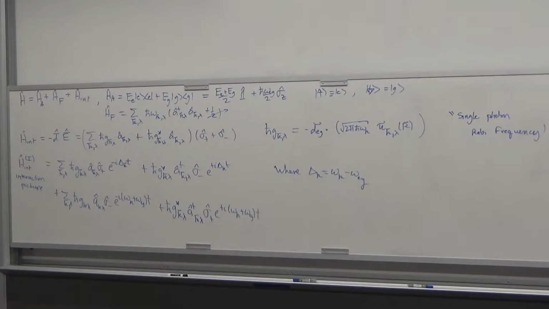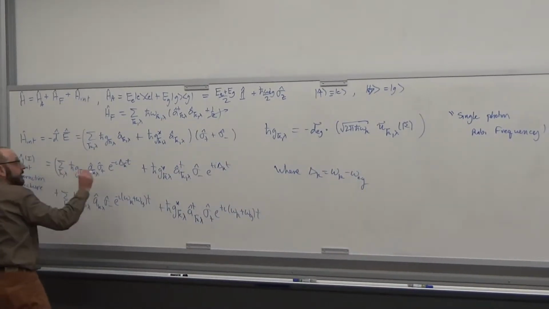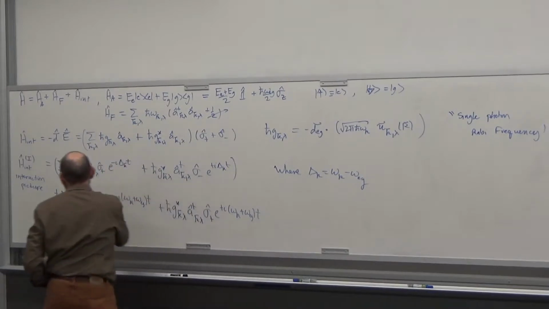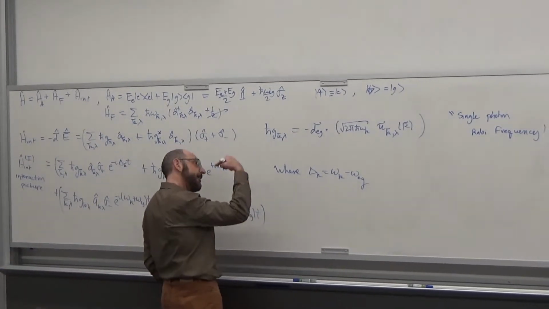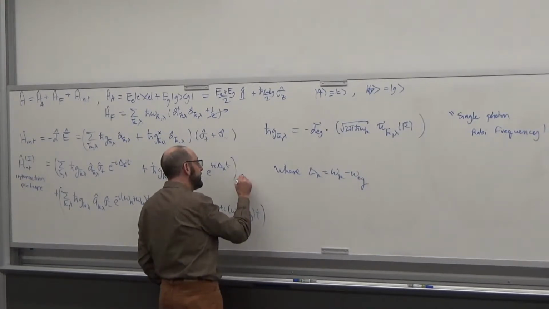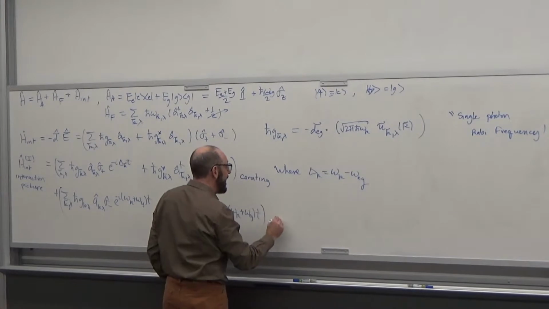Okay? And from what we did when we thought about this with the classical field, we call these the co-rotating terms, and these are the counter-rotating terms.